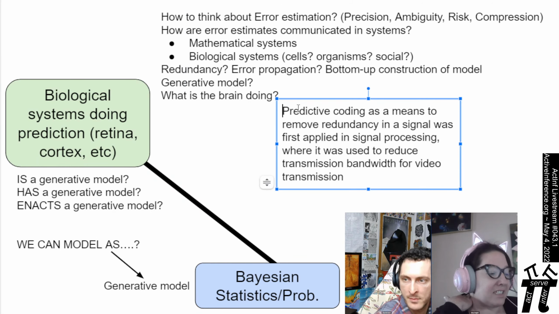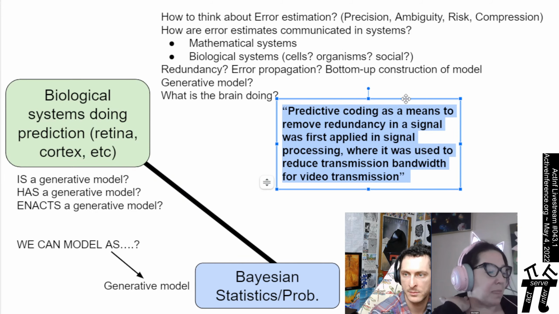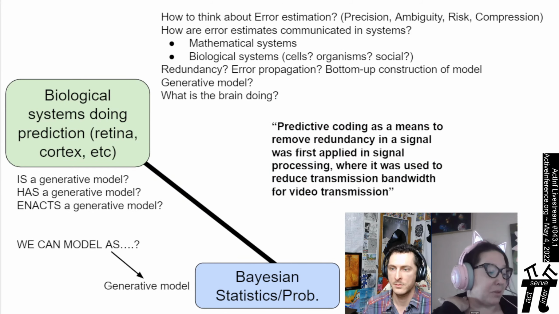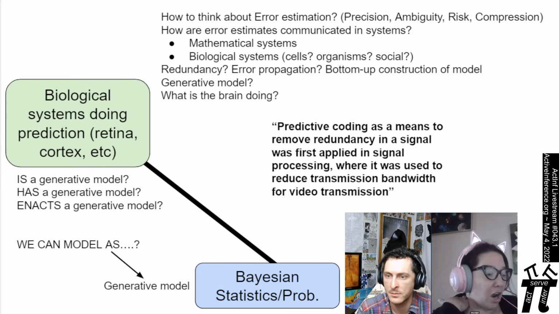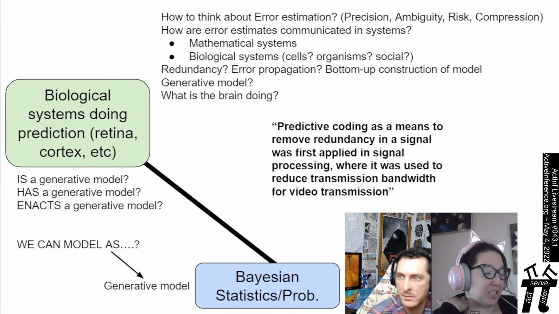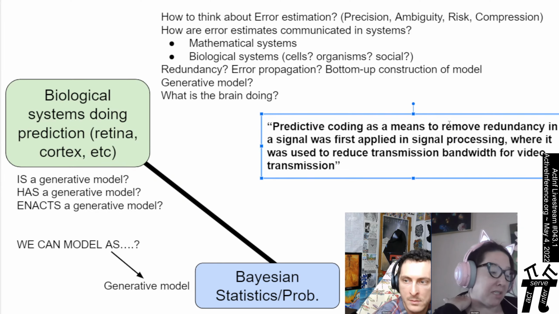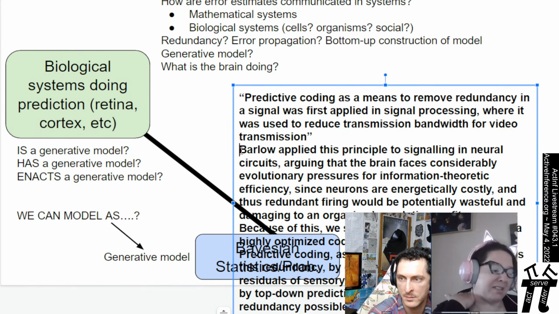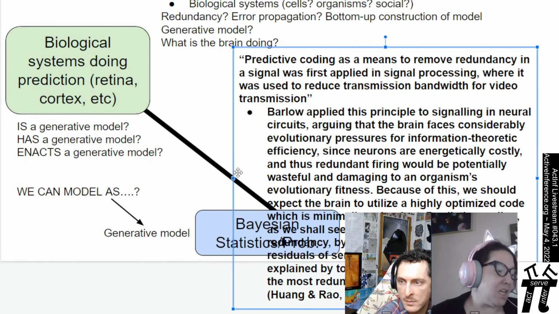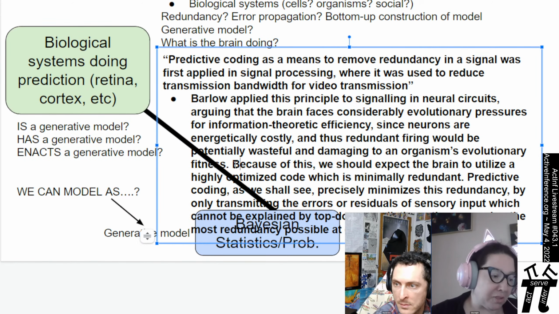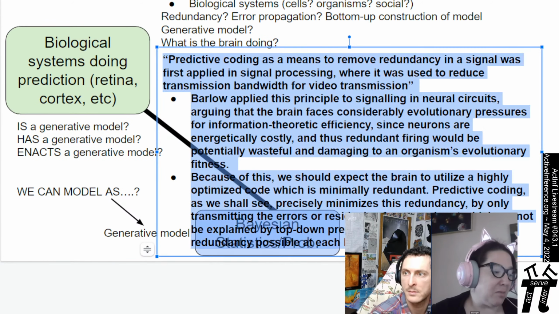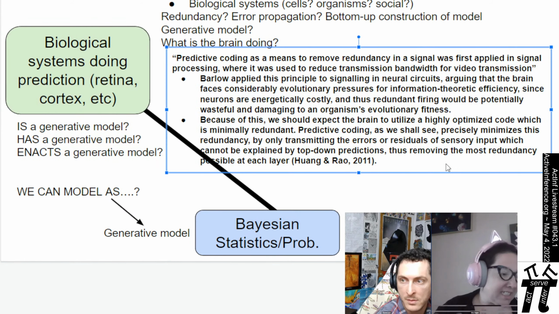And the authors say here, Barlow applied this principle to signaling in neural circuits, arguing that the brain faces considerable evolutionary pressure for information theoretic efficiency, since neurons are energetically costly and redundant firing would be potentially wasteful and damaging to an organism's evolutionary fitness. Because of this, we should expect the brain to utilize a highly optimized code which is minimally redundant. And they say predictive coding minimizes this redundancy by only transmitting errors or residuals of sensory input that cannot be explained by top-down predictions. And so they remove redundancy at every point in the layer.